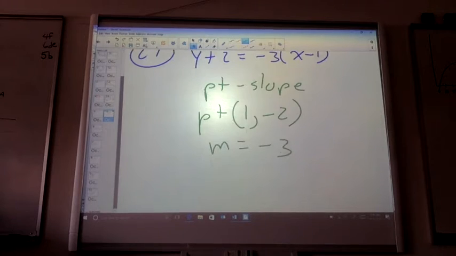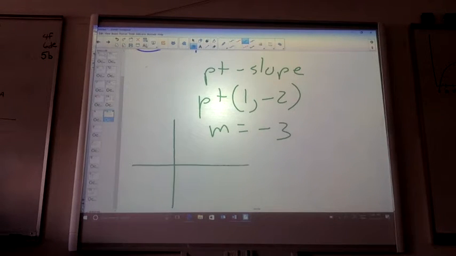So if you were to graph this, you'd be right there, and then from that you'd go down 3, right 1. That's all it is. So point slope is done that way every time. It's always opposite of your x, opposite of your y to get your point.